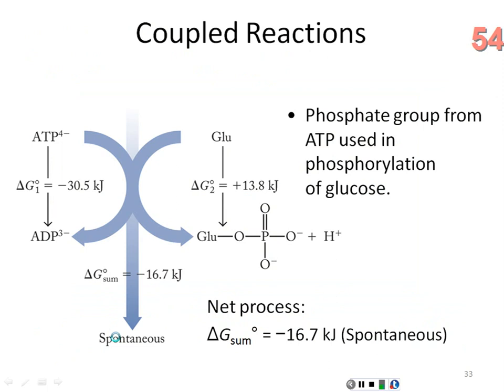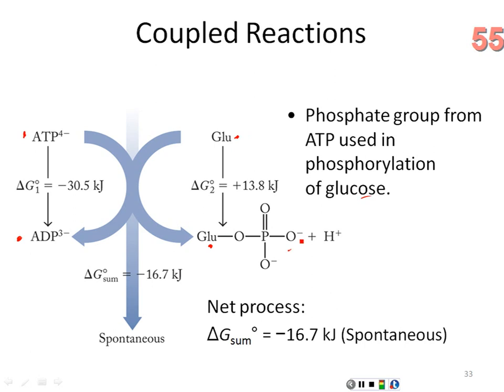And your body can use the reaction ATP to ADP, a very negative free energy value, to drive non-spontaneous reactions by coupling the two reactions. So a phosphate group from ATP is used in the phosphorylation of the glucose. So we have ATP and glucose, and we get out ADP and glucose 6-phosphate.